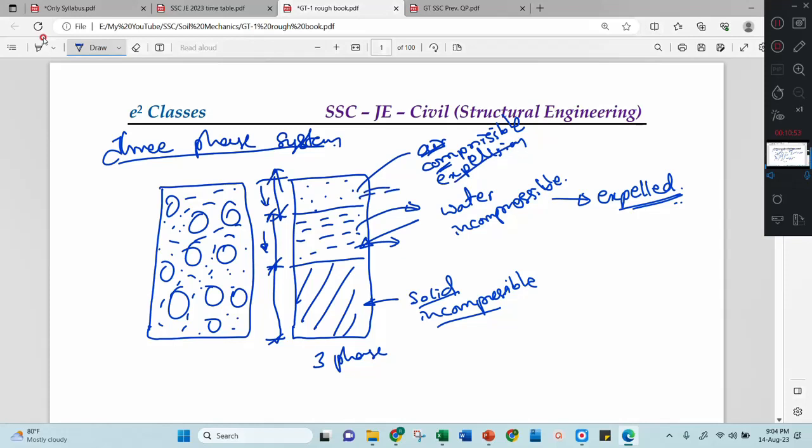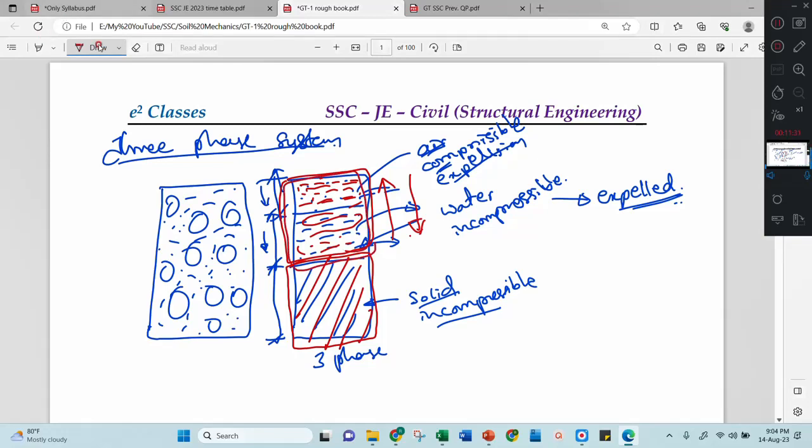From this what we have understood is that this volume never ever increases or decreases. This is always constant. But this part of the volume may increase or decrease depending on the condition. In rainy season, this entire volume may be filled by water. In dry summer season, this entire volume may be filled by air.